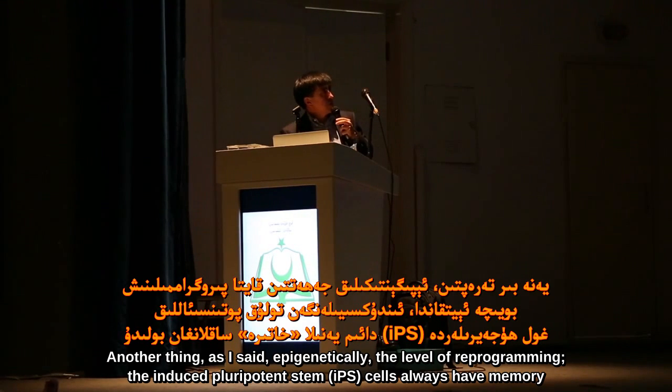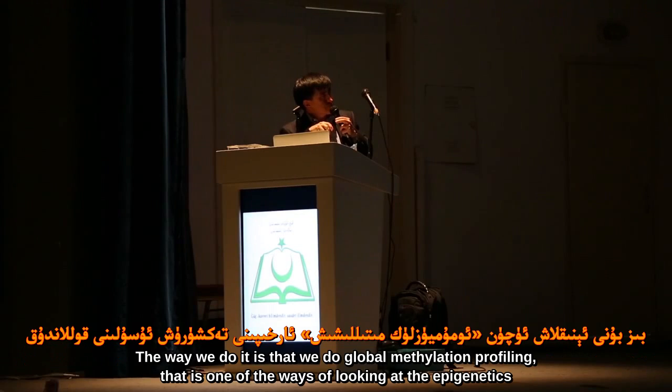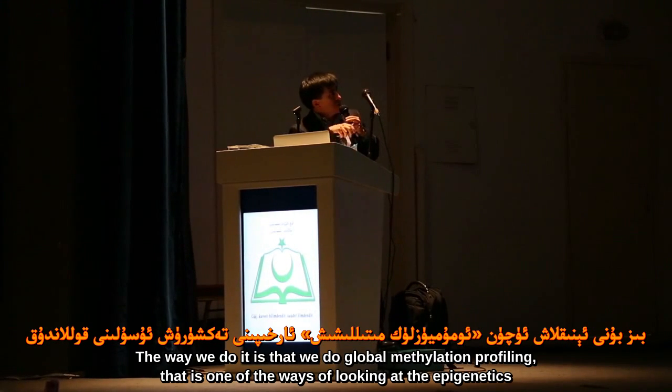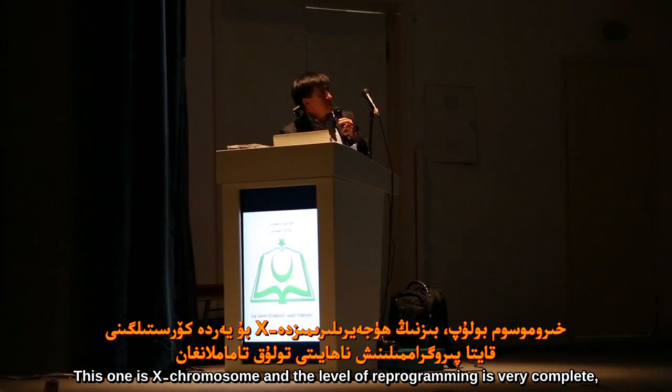Another thing is, as I said, the epigenetics, the level of reprogramming. So the induced pluripotent cells always have a memory, for example, if they came from a skin cell, they kind of resemble a skin cell. The way we do it, we do global methylation profiling. That's one of the ways to look at the epigenetics. And of course, we've been comparing our clone cells to iPS cells, and you could see in various regions of the chromosomes, this one is on the X chromosome, the level of reprogramming is very complete.